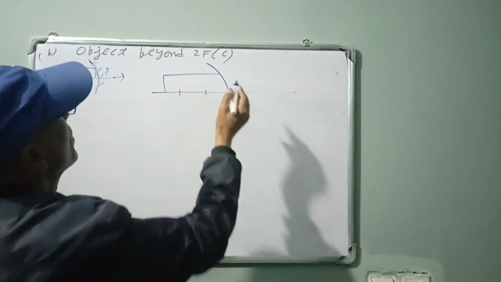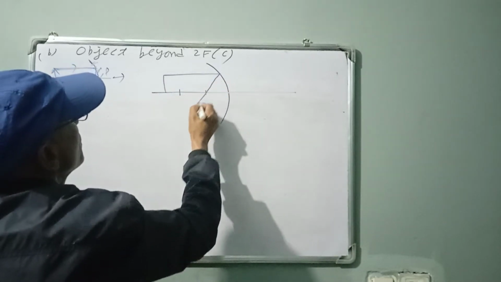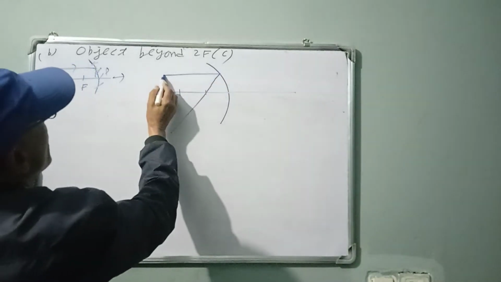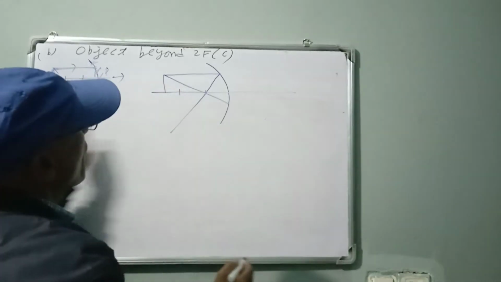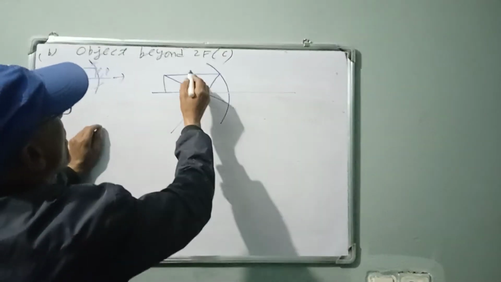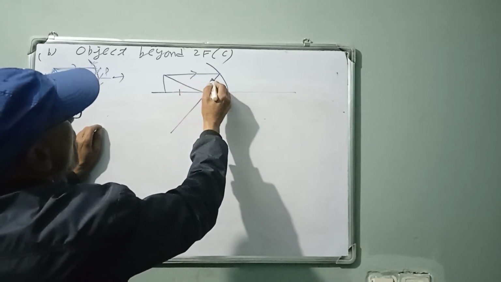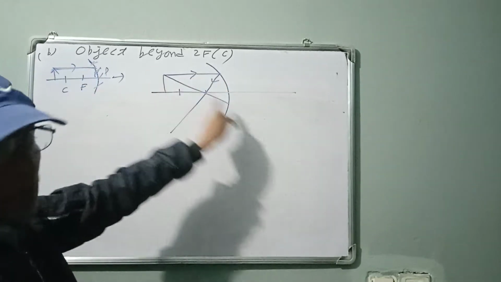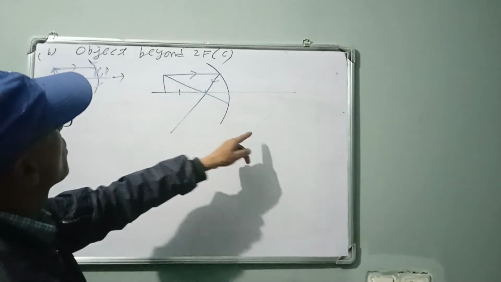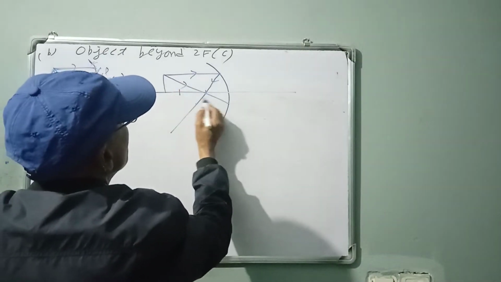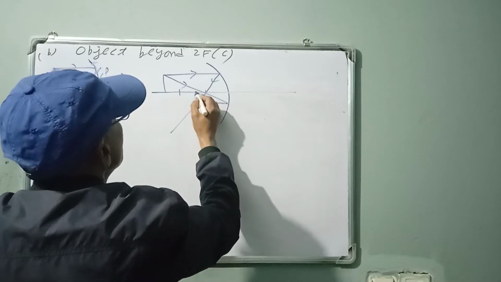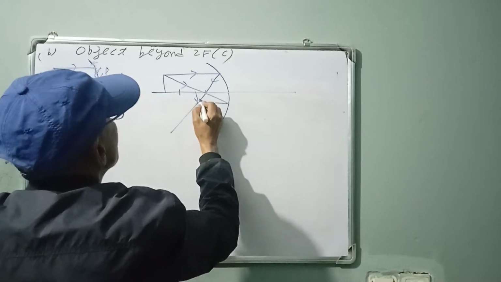A ray parallel to the axis passes through the focus, and another ray which passes through the focus will be parallel, and these two rays will meet at this point.